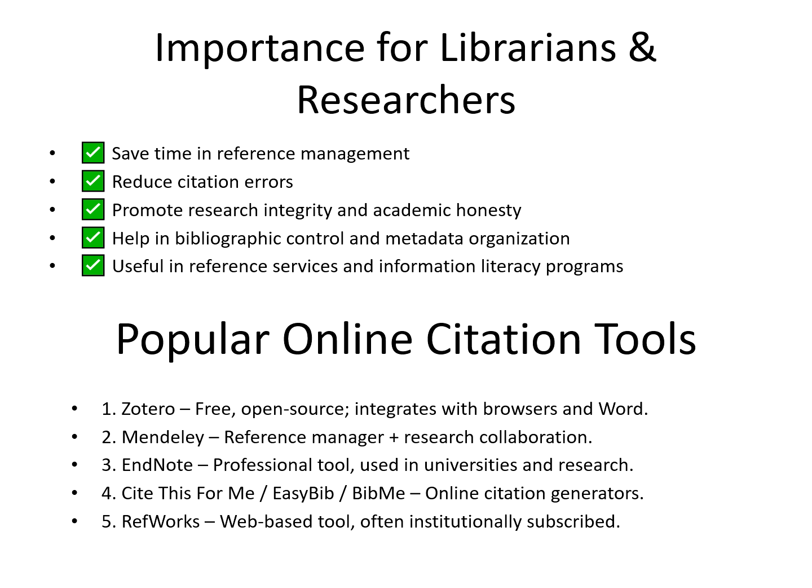Fourth is Cite This For Me or EasyBib or BibMe. It is a simple online citation generator for quick references. Fifth is RefWorks. It is a web-based tool often provided through institutional subscriptions. Remember these names, they often appear in UGC NET questions.